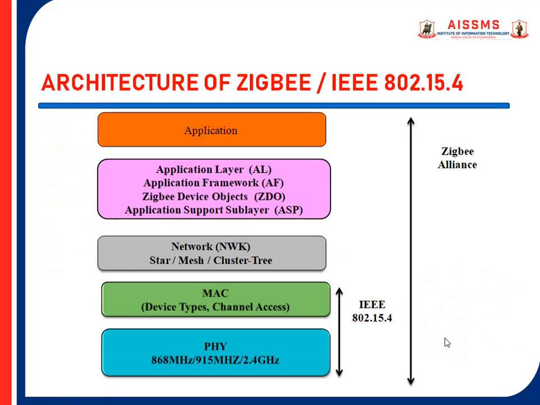Zigbee technology is less expensive and simpler. Low cost allows the technology to be widely deployed in wireless control and monitoring applications. Low power usage allows longer life with smaller batteries. The physical layer is responsible for activating the radio that transmits or receives packets.